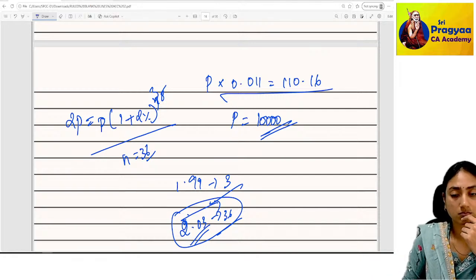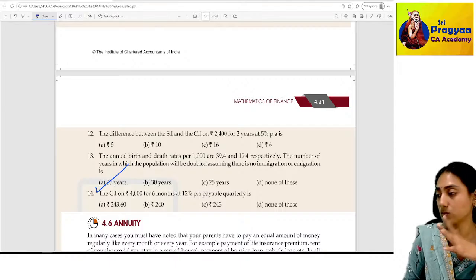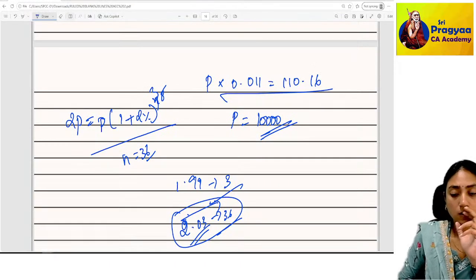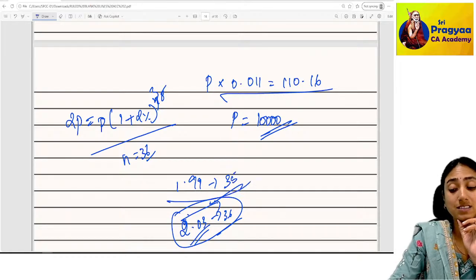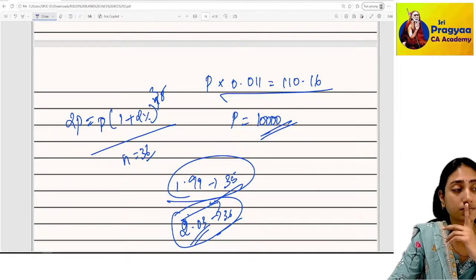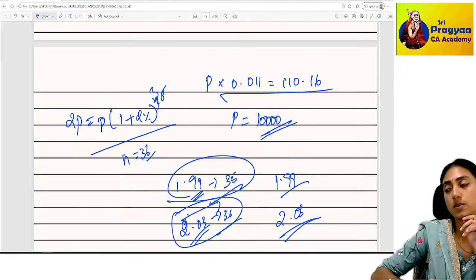So take 36 because this is the one that goes above 2. Then I... No, sorry, one minute. Sorry, take 35, that is the closest. 1.99 is closest to 2 compared to 2.03.